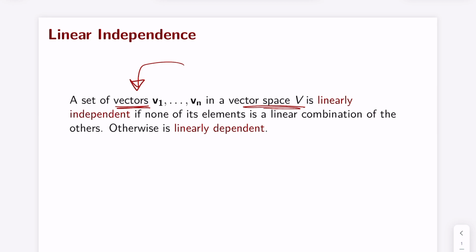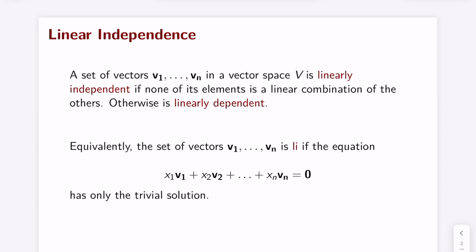So a set of vectors in the vector space is linearly independent if none of its elements is a linear combination of the others, and otherwise is linearly dependent. To say that none is a linear combination of the others is the same thing as saying that when we do a linear combination and we equal it to 0, this linear combination has only the trivial solution.